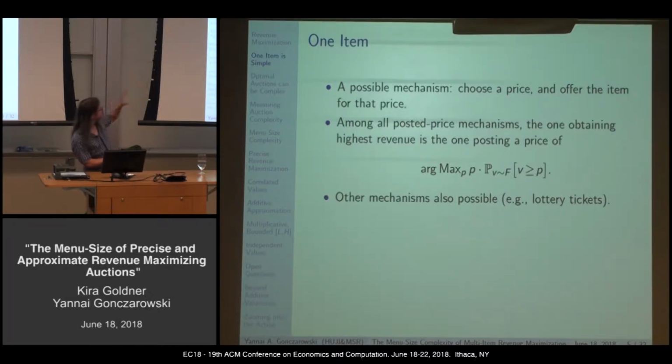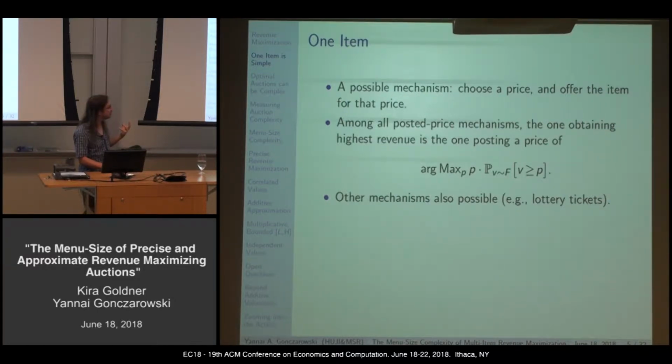So let's stare at this for a moment. If I post a price of P, P is price, not probability in this talk, then my expected revenue is going to be P times the probability that the buyer accepts the offer. That is the probability that the buyer has value at least this price.